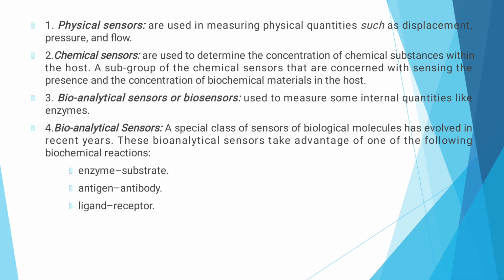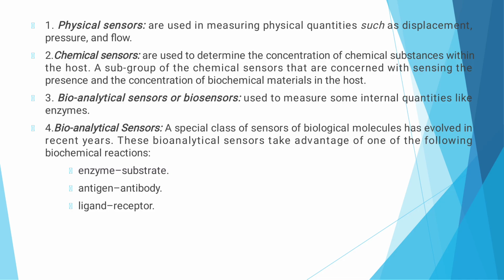And these are the types of sensors: physical, chemical and bioanalytical sensors. Biomedical sensors are classified based on the parameter they measure. The first category is physical sensors. These sensors measure physical quantities such as displacement, pressure, temperature and flow.